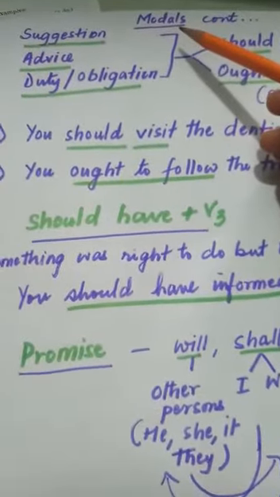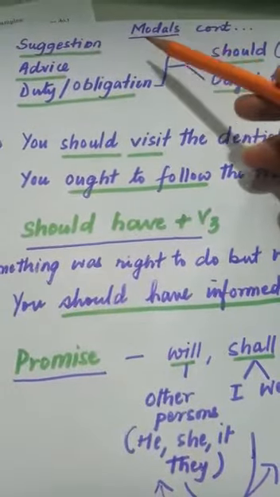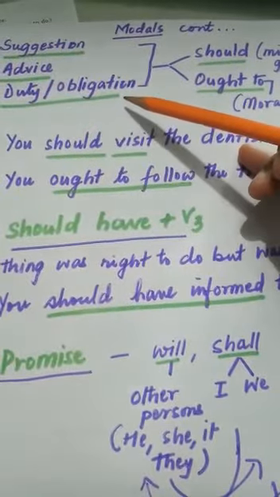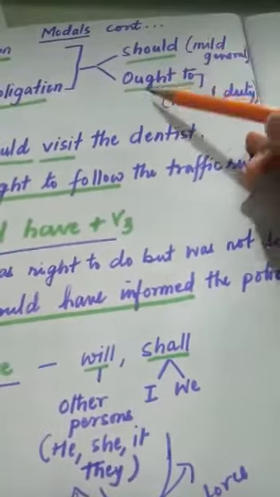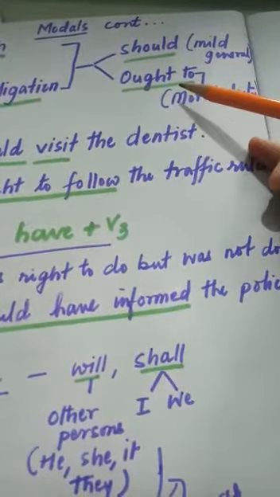Let's begin. Modals can be used to express suggestion, advice, duty, or obligation. The words that you can use are should and ought to. But remember how to use them.